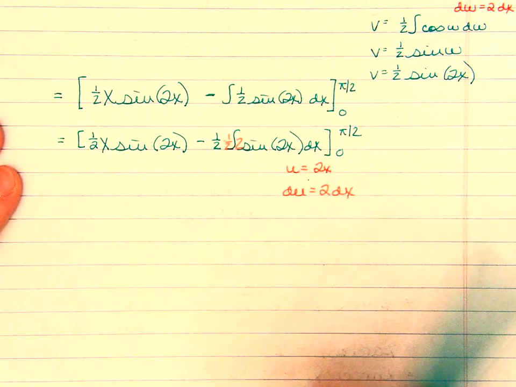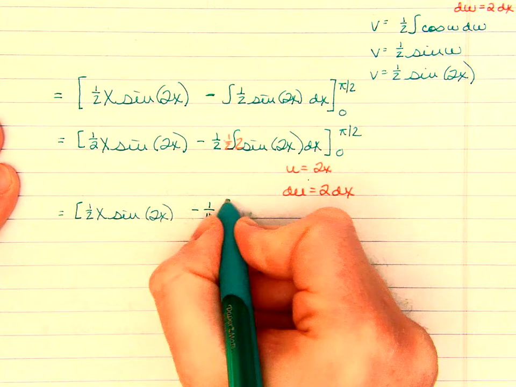Move up again. This is going to give me 1/2 x times the sine of 2x minus 1/4 times the integral of the sine of u du, 0 to pi over 2. Okay, well the integral of sine is negative cosine, so 1/2 x times the sine of 2x, actually not minus, we're going to say plus because of the double negatives that we're getting, the cosine of u, 0 to pi over 2.